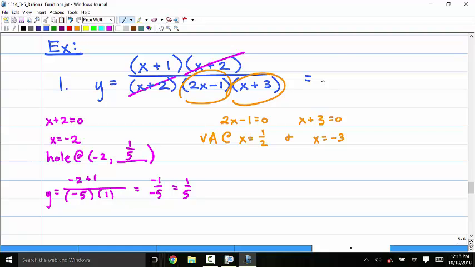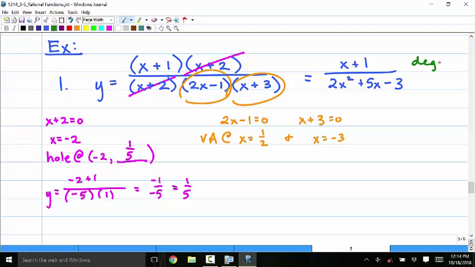Okay, once you cancel common factors, you have x plus 1 over, what would that be, 2x squared plus 6x minus x is plus 5x minus 3. Do you agree? All I did was multiply out the denominator. Why did I want to do that? See the degree.